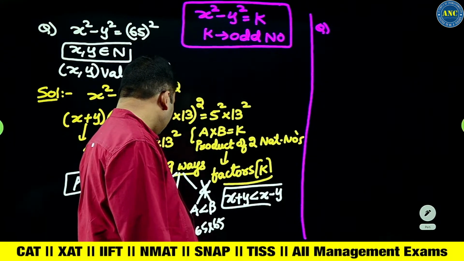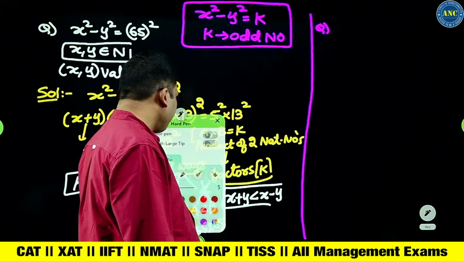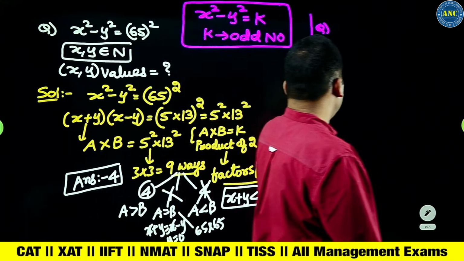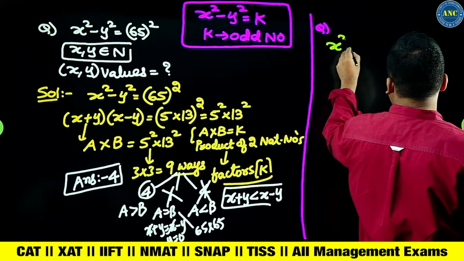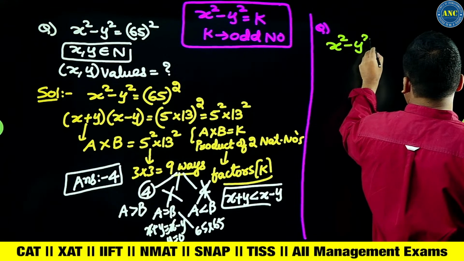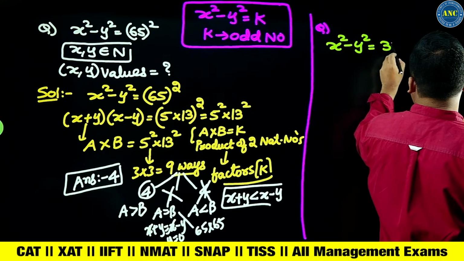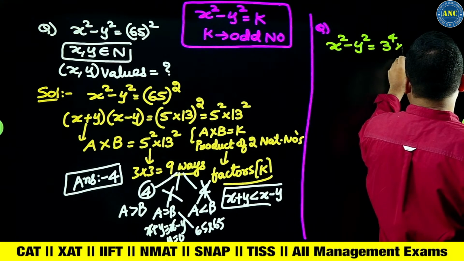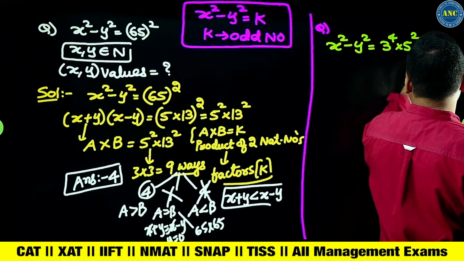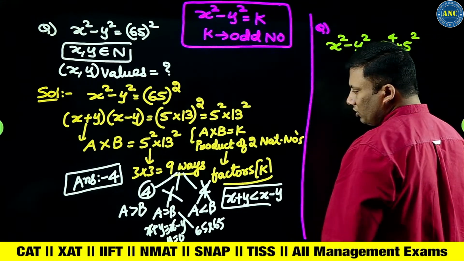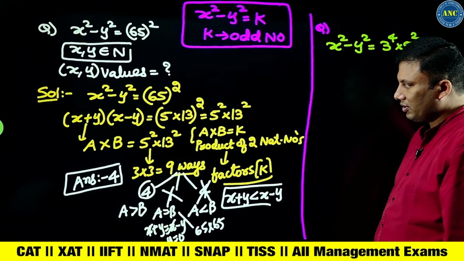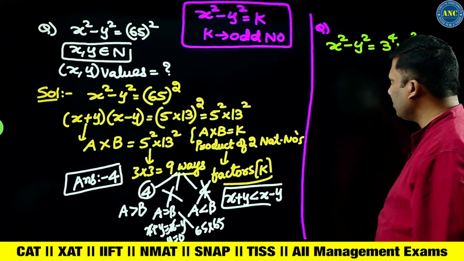Now, see here. Question. X square minus y square is 3 power 4 into 5 square. Now listen carefully, sir.